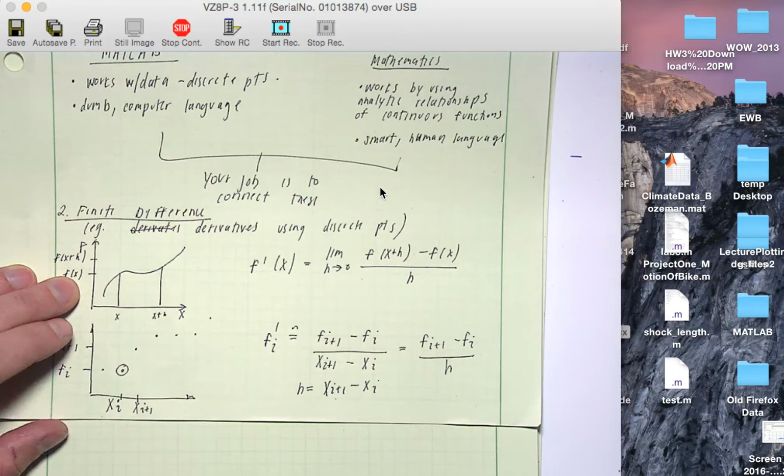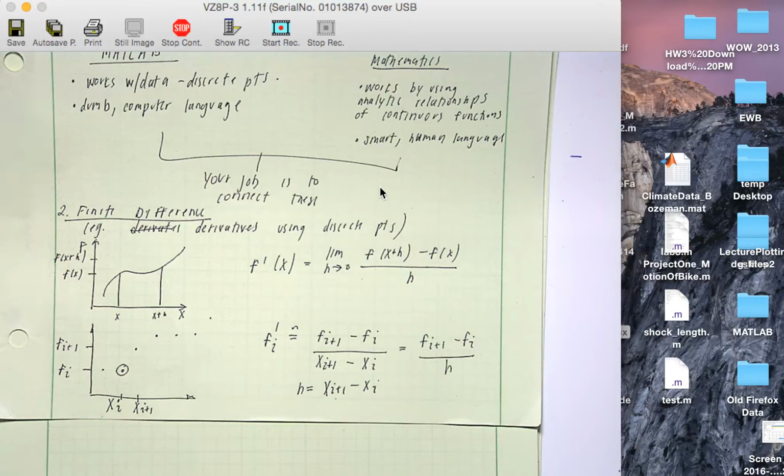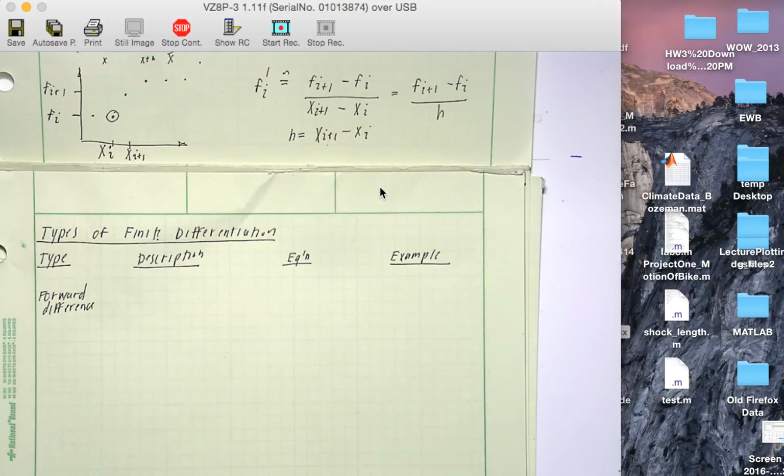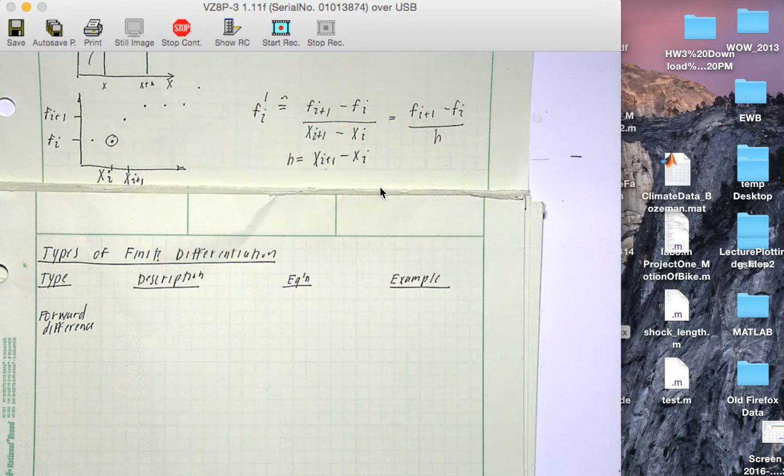And so that's why it's called a forward difference, because it's using the point in front of it. But as you can imagine, you could use any point surrounding it. There's a lot of different ways you could do it. So what I wanted to show you is a couple different ways you could do this. So the first way is the one that I just showed you, which is a forward difference.